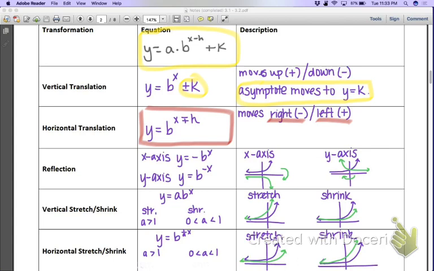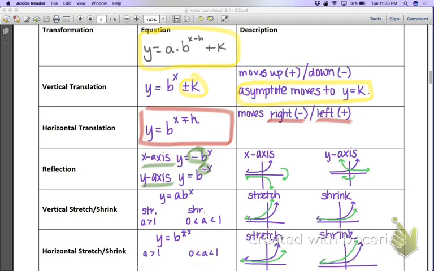Whenever we reflect, if it's negative out in front, we're going to reflect it over the x-axis. If we have a negative up top, it's going to reflect over the y-axis, so basically flip it left and right. Of any of these graphs, there's one I need to fix with the horizontal.